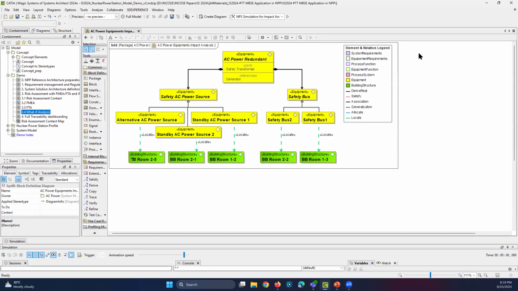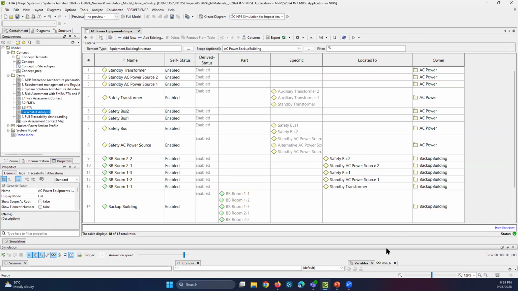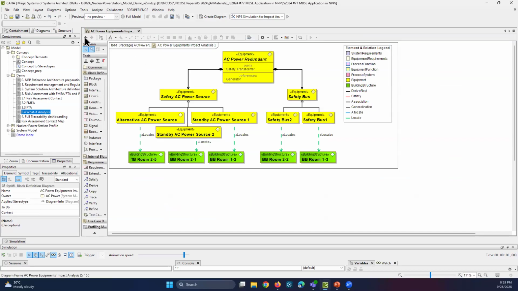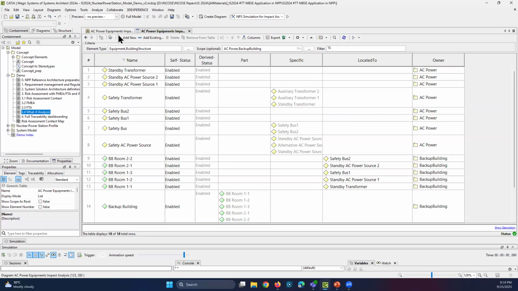And then let me open another one. Okay, so let me open them side by side.